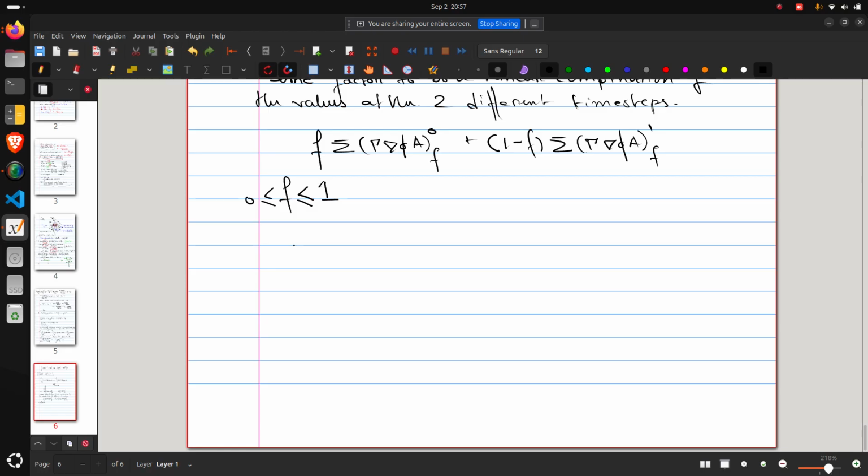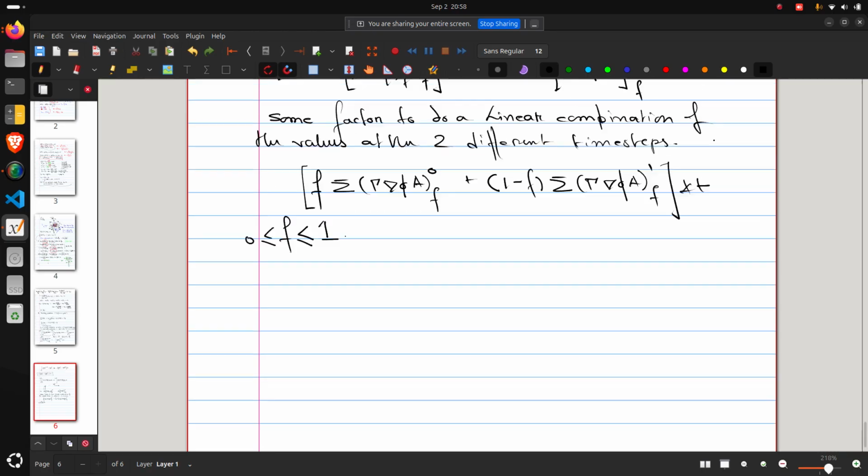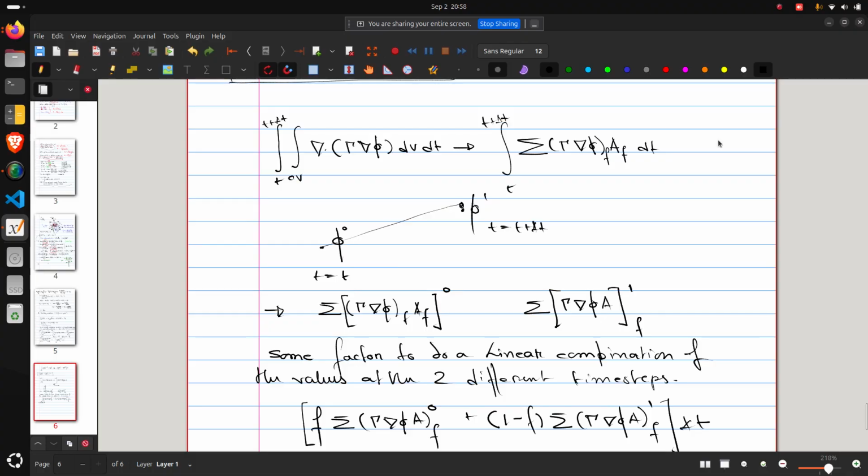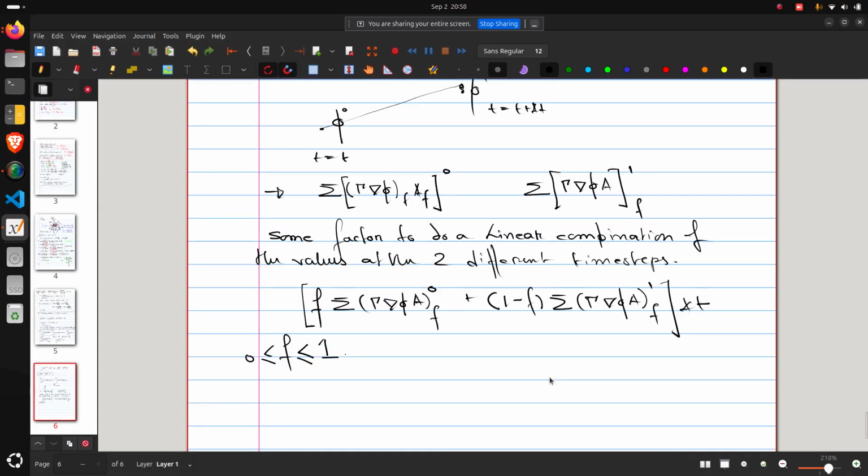We can just ignore the temporal integral, right? And another thing, this will be accompanied with the delta t, because we have converted this integral into an algebraic equation.